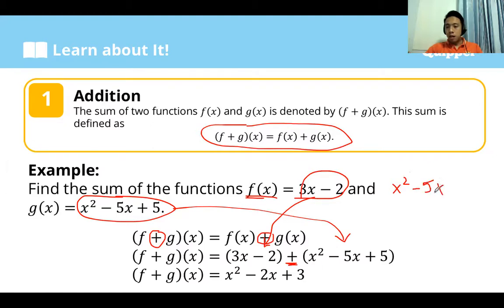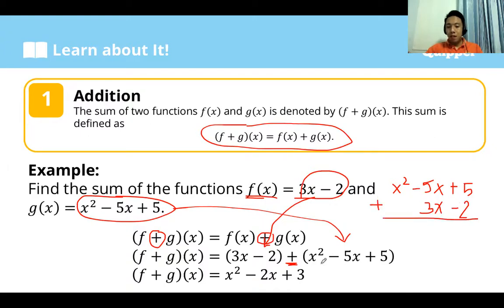This is just like adding normal numbers. So I will put it like this, plus. I will put 3x here below the 5x since they both have x's with only one exponent. And then of course the number 2, because they are both numbers.